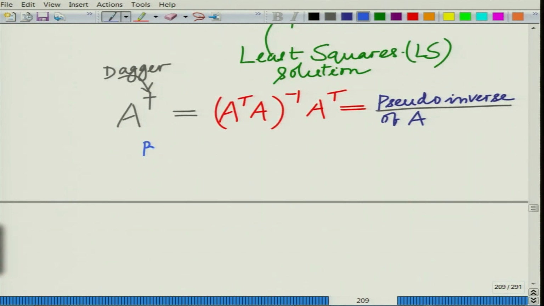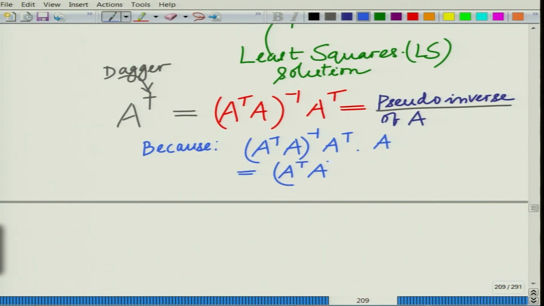Remember, if m is greater than n, A is not invertible, but if you multiply this matrix with A on the left, A transpose A inverse A transpose times A, which is A transpose A inverse into A transpose A, this is identity. So, this acts as an inverse, more specifically as a left inverse of A.